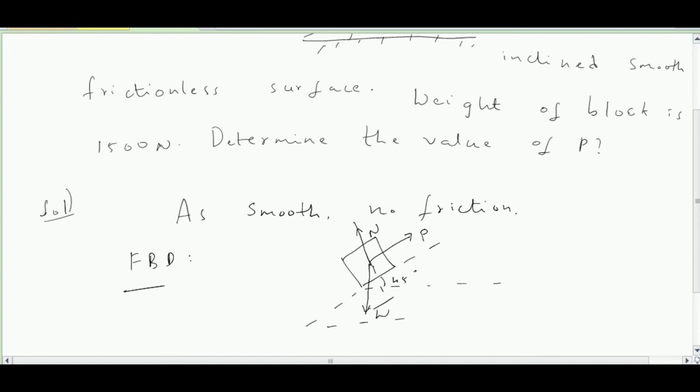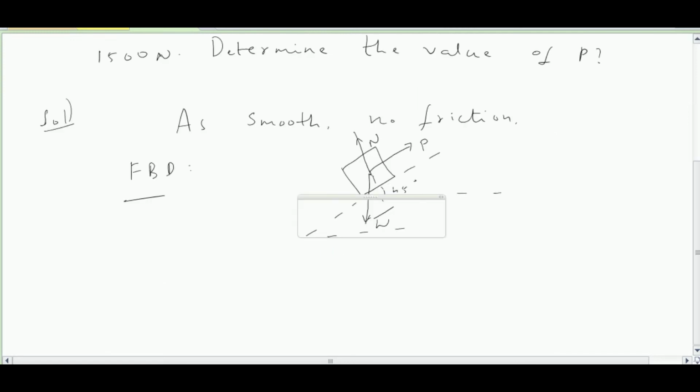As there are three forces in equilibrium, to avoid the slipping of the block, the minimum force we need to apply should balance the horizontal component of the weight.